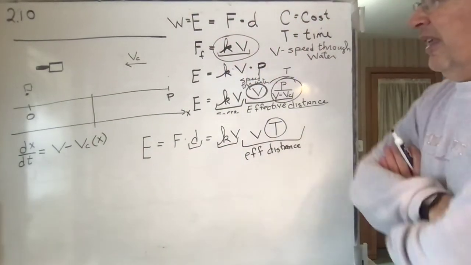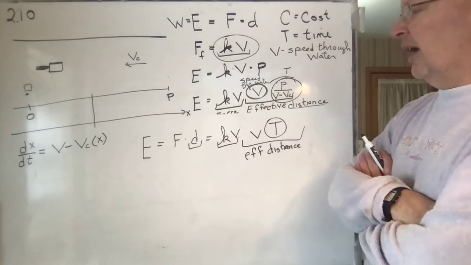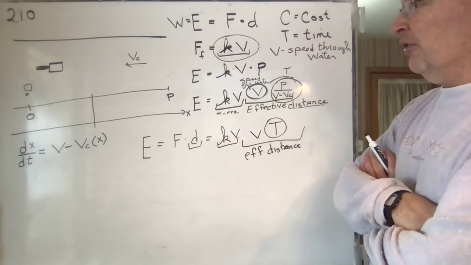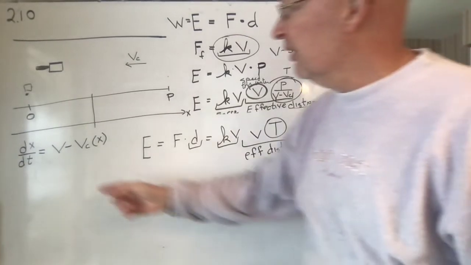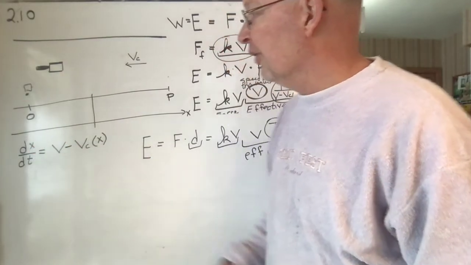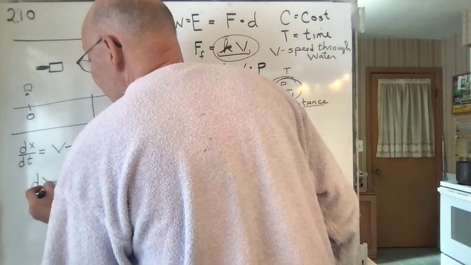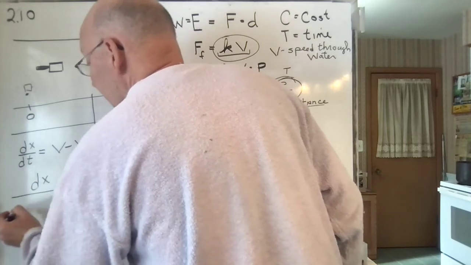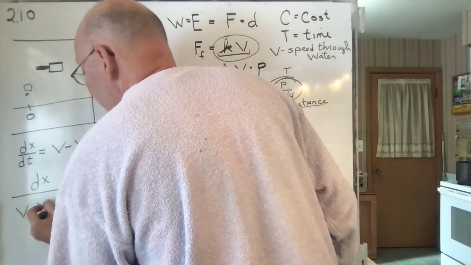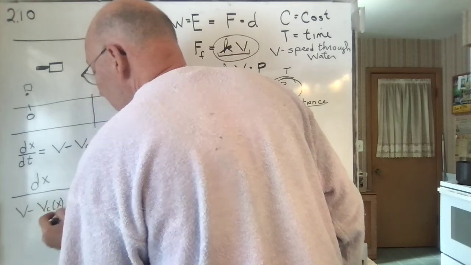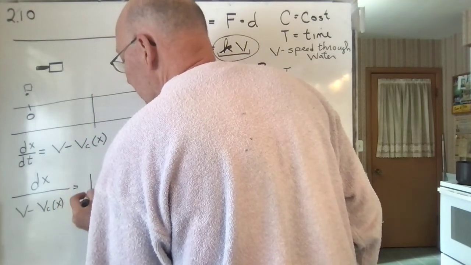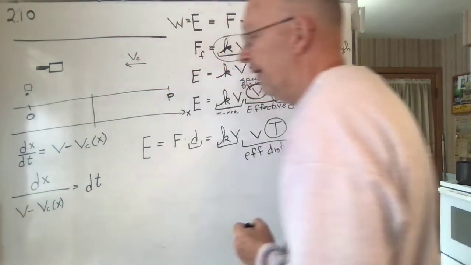And as soon as you see that, hopefully you think, that is a differential equation. And that is not only a differential equation, it's a separable differential equation. Because look, I can write dx divided by v minus vc(x) is equal to dt.